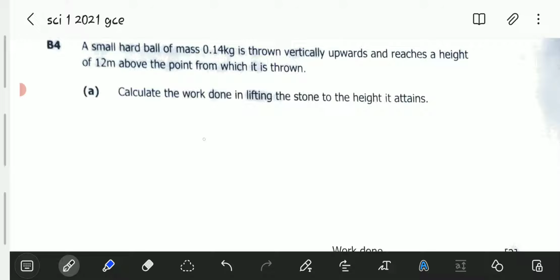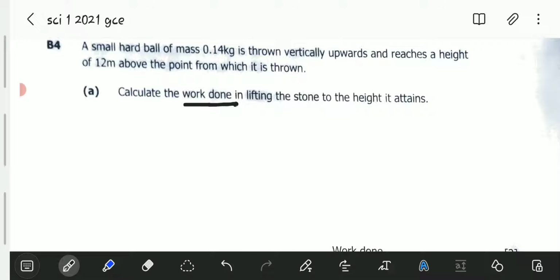A. Calculate the work done in lifting the stone to the height it attains. So the stone is going up, and what they are looking for is the work done. For an object going upwards against gravity, the work done in lifting the object is work against gravity.